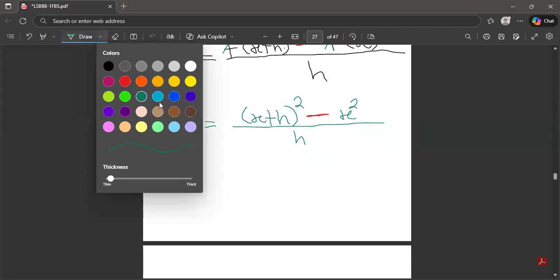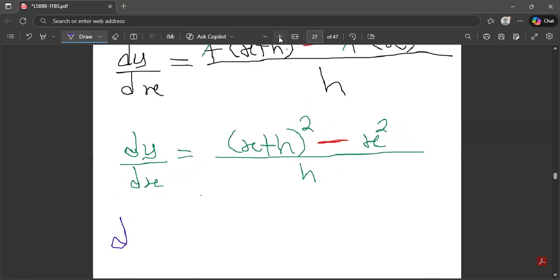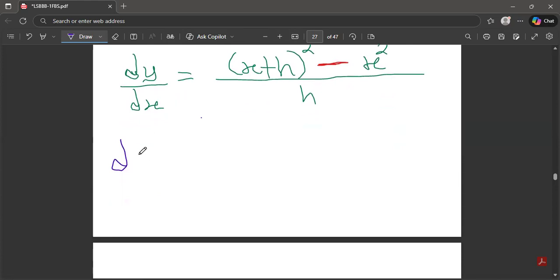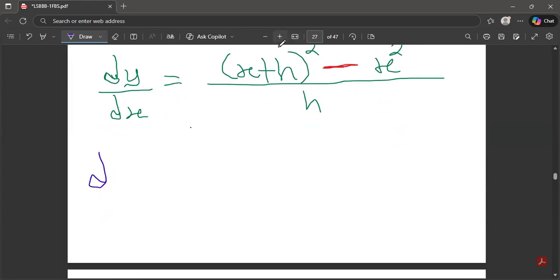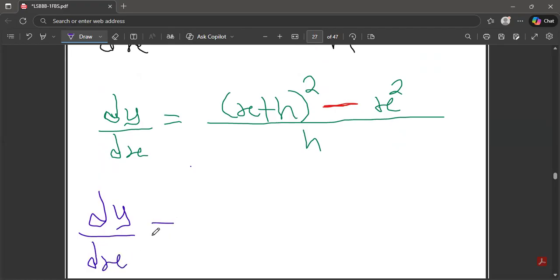Okay, so from here we have to simplify this. And this is equal to what? Our dy dx. This is equivalent to dy dx, which is equal to what?